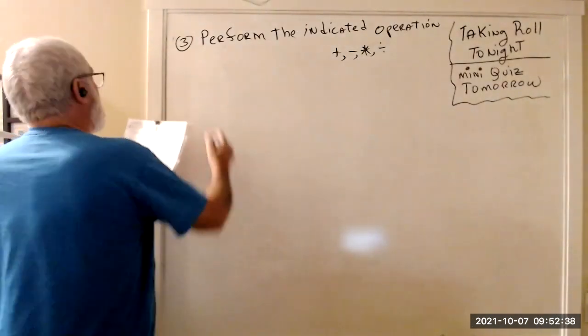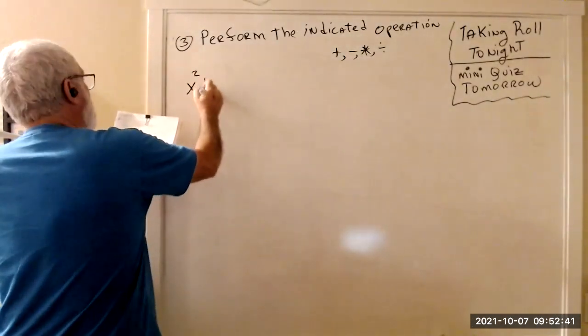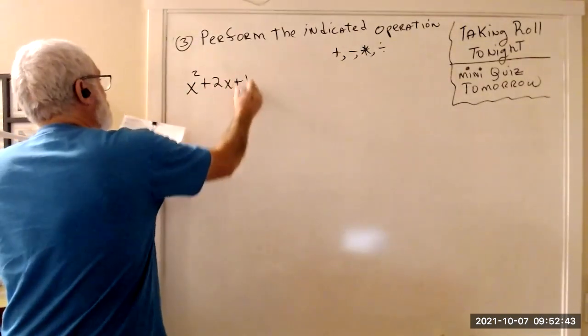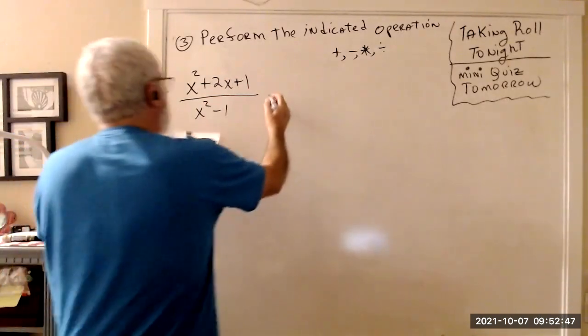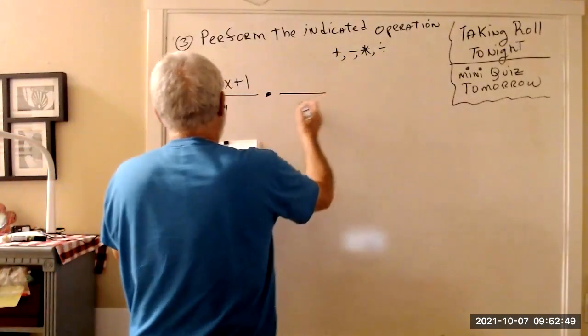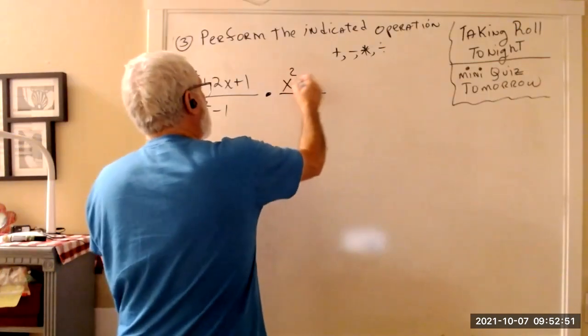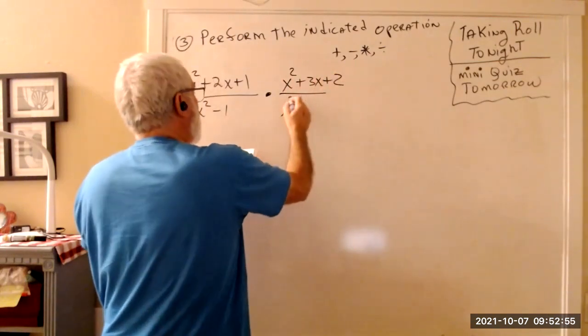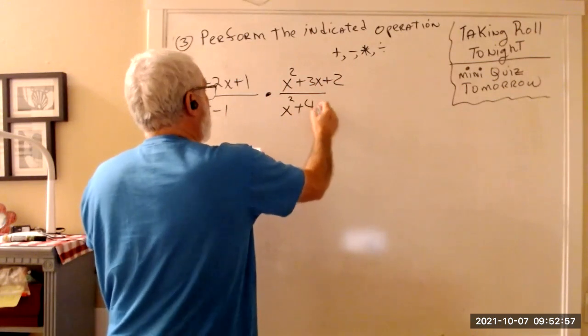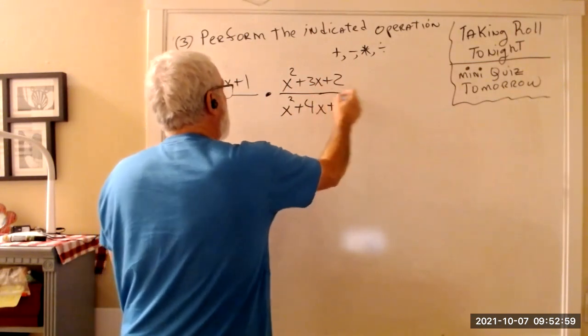This one's going to be x squared plus 2x plus 1 over x squared minus 1 times x squared plus 3x plus 2 over x squared plus 4x plus 4.